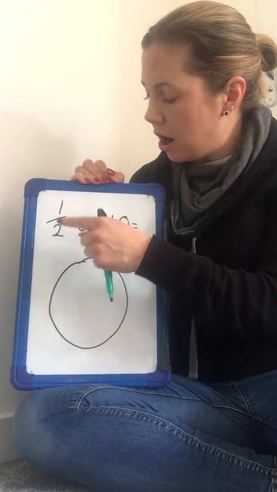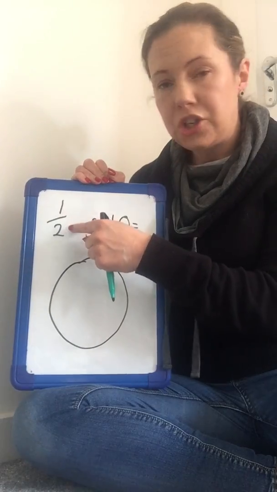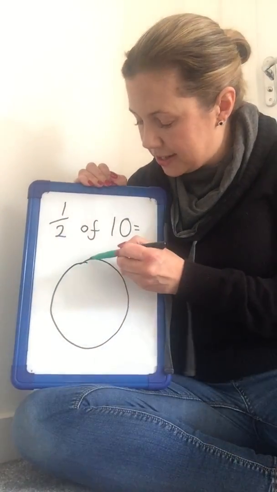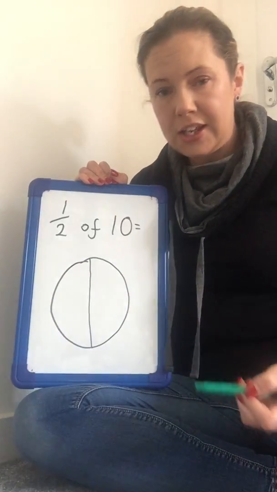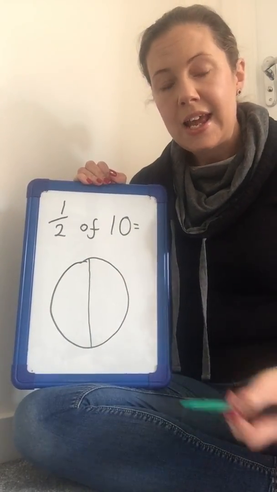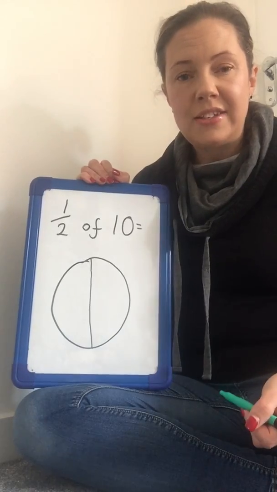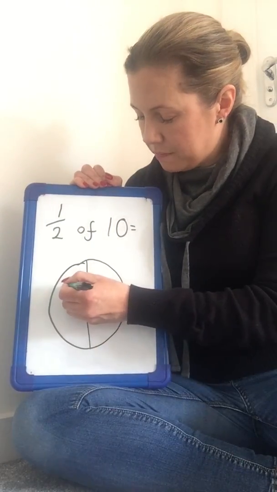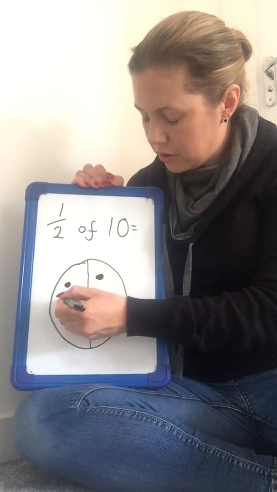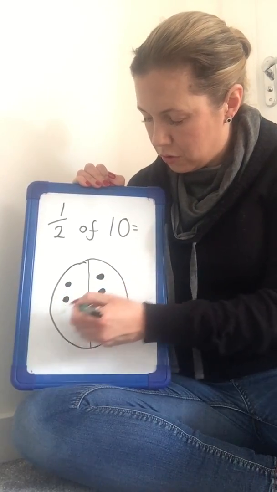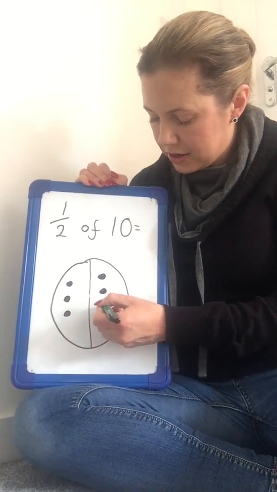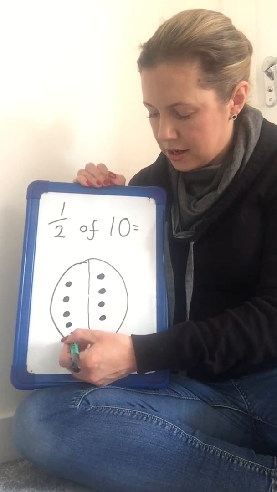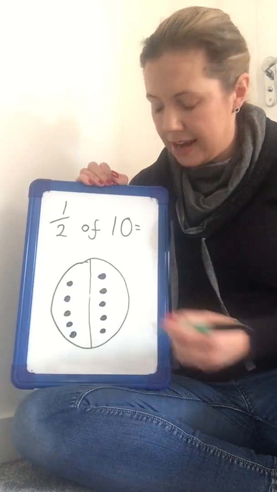And so half means 1 out of 2 equal pieces, and so what the children would know then to do is to divide their mat into 2 equal pieces, and they would then share their 10 between those 2 equal parts. So 1, 2, 3, 4, 5, 6, 7, 8, 9, 10.